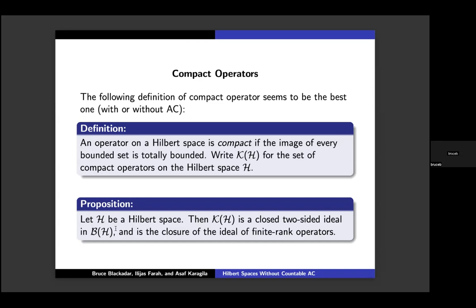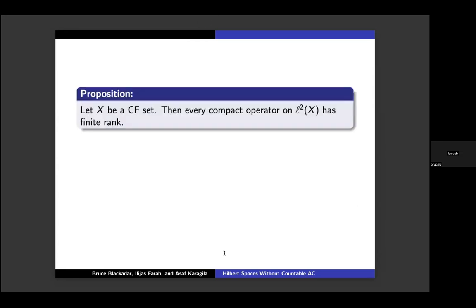And I should also point out that if H is infinite dimensional, then K of H is a proper ideal in B of H, because the identity operator is not compact, because the unit ball is not totally bounded. Then you can pretty easily show that if X is CF, then every compact operator on L2 of X actually has finite rank.